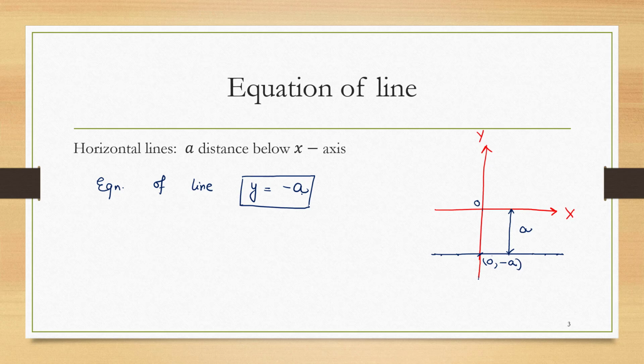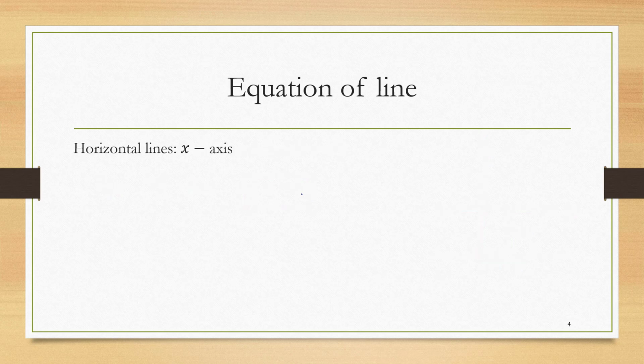But what about the case if it is exactly x-axis? So, we are talking about equation of x-axis now. With the same logic, this is x-axis, this is y-axis. We know that any point on x-axis has y coordinate 0.